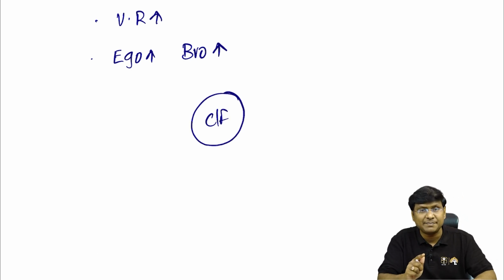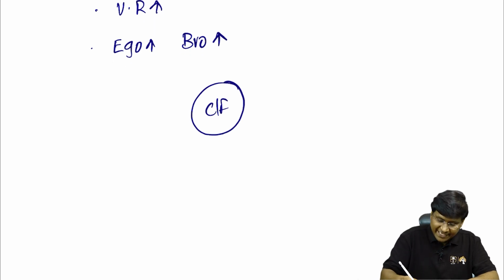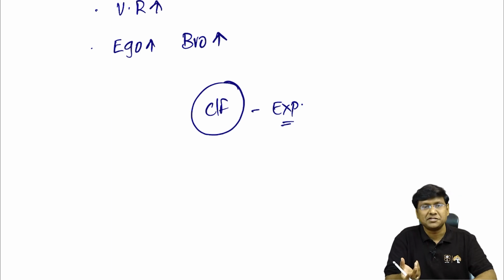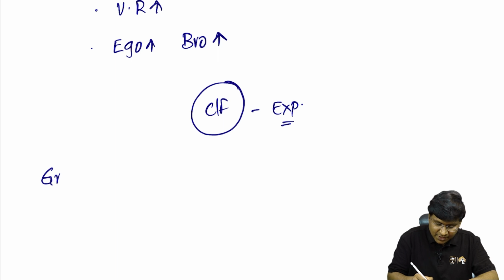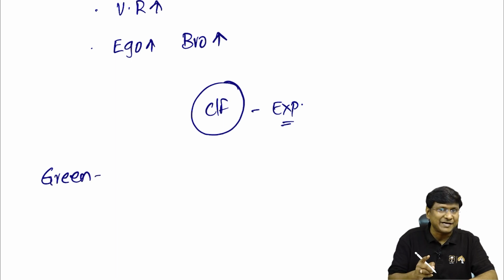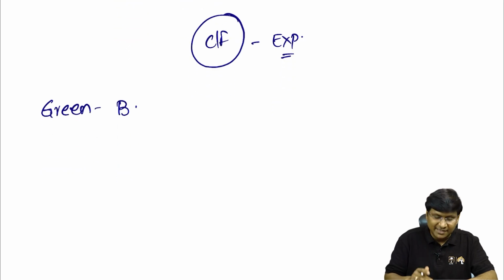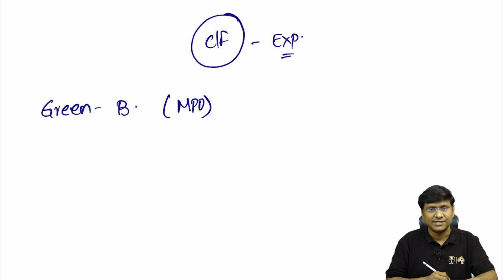they will have cough with expectoration. So depending upon the color of the expectoration, we will be able to make out what exactly is the underlying organism. If it is green colored expectoration, it indicates bacterial infection, right? And that green color is mainly because of the presence of the enzyme myeloperoxidase, right?